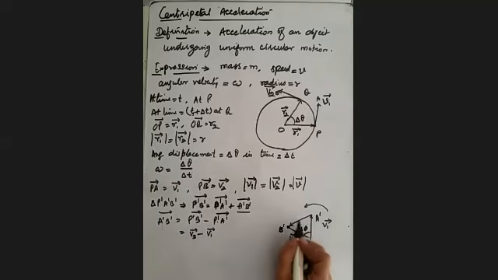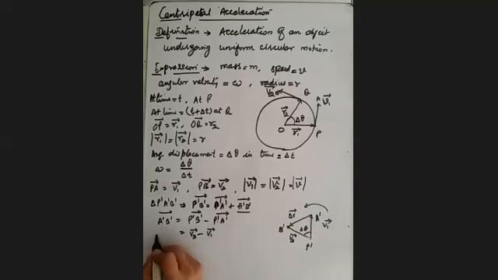Let us call this the delta V vector, which is giving us the change between the two vectors V2 and V1. So delta V vector represents the change in velocity between V2 and V1.